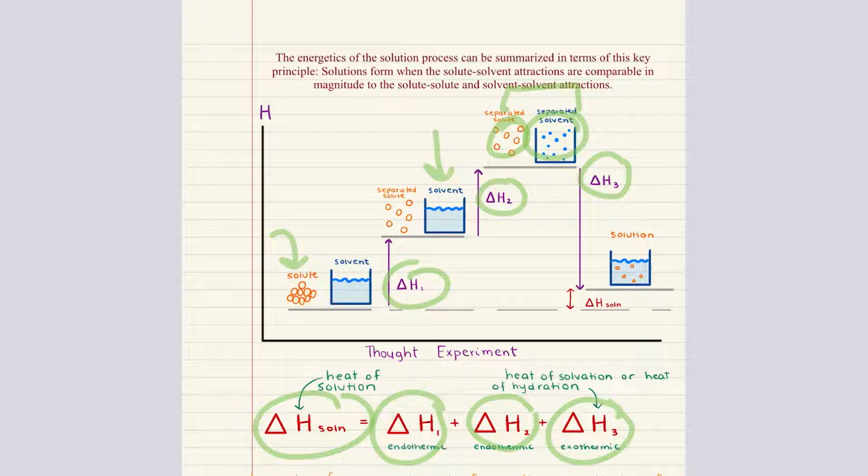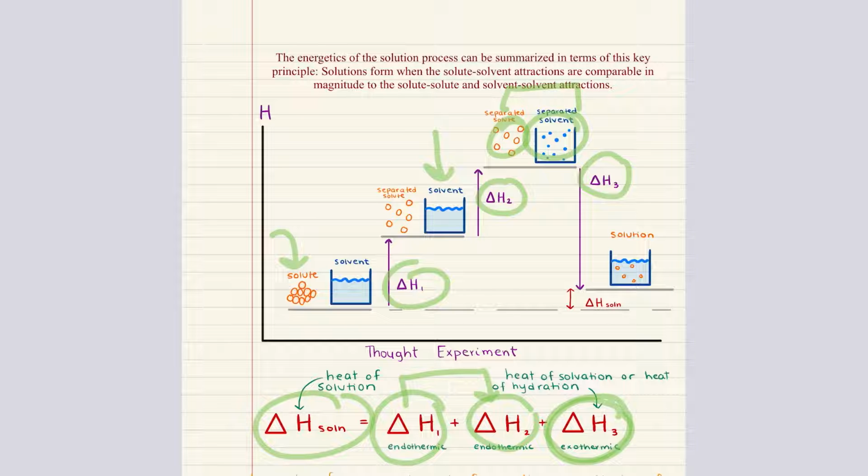So we have our first two steps, delta H1 and delta H2, which are endothermic steps because they involve breaking solute-solute interactions and breaking solvent-solvent interactions. Then our last step is exothermic, and we denote this by delta H3. This is exothermic because we're forming new solute-solvent interactions.